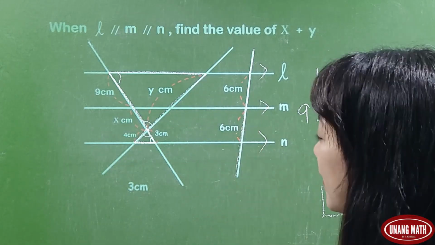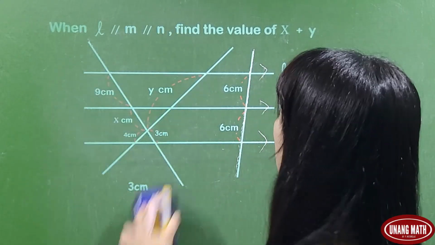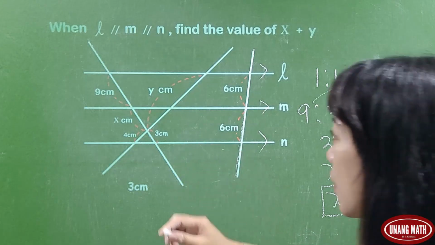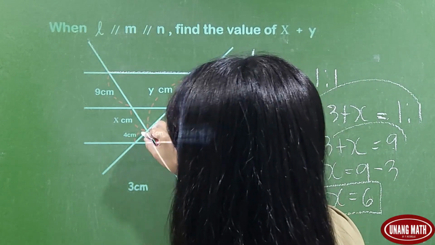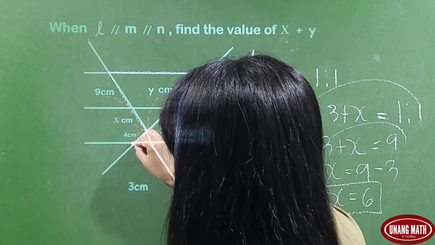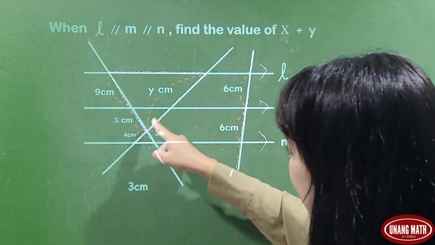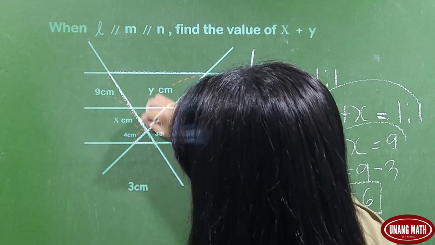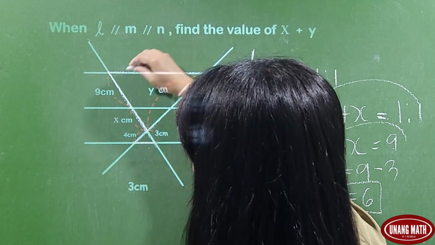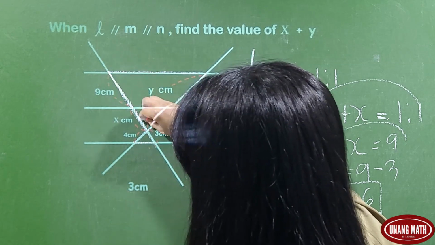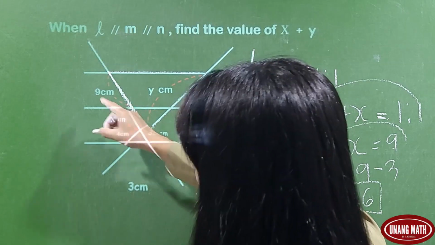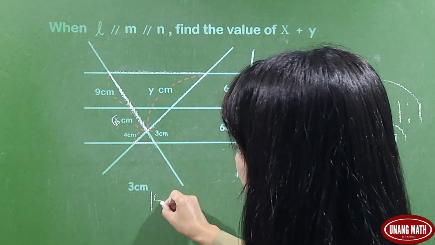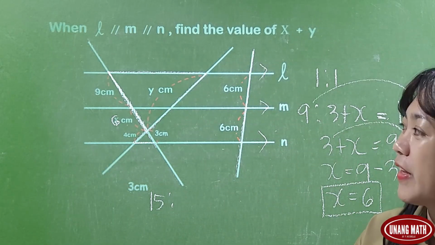So the ratio of the lengths of the corresponding sides are equal or constant. So we can find the measure of this segment. From here up to here, since this is 6 centimeters, that would be 9 plus 6, that's equal to 15.